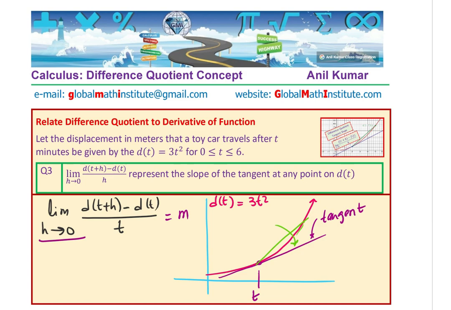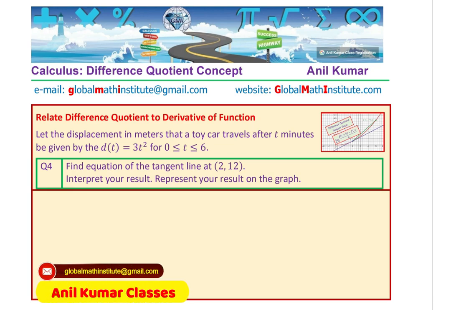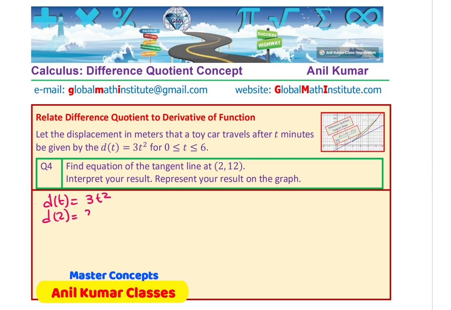Now, once you have understood this concept that the difference quotient can be treated as a tangent when h approaches 0, we can actually find the equation of the tangent line. So question number 4 is: find the equation of tangent at (2, 12). So we are given the function d of t equals 3t squared. So d of 2 will be what? 3 times 2 squared, right? Which is 12.